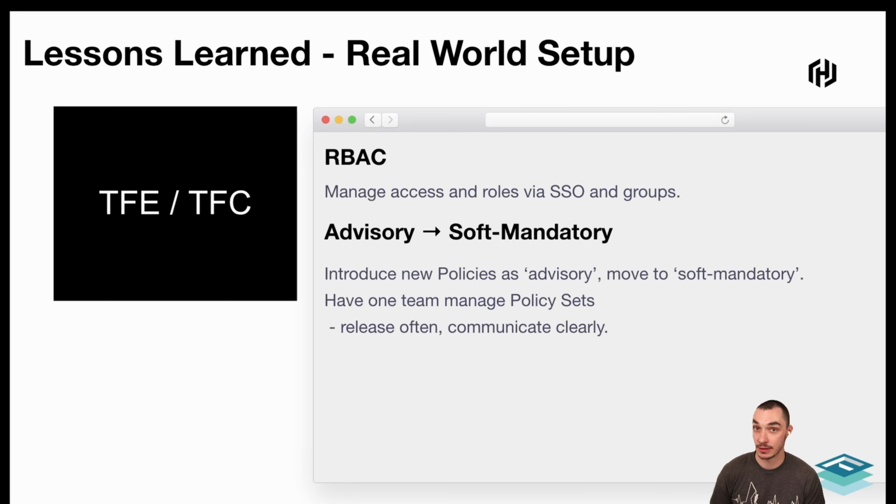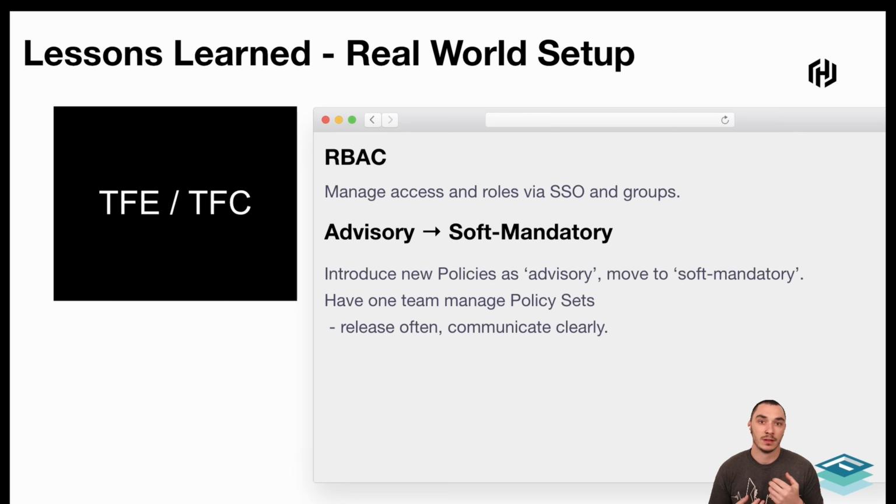Finally, we have Terraform Enterprise, Terraform Cloud. Same applies here. Know your role-based access control. Try to manage all the roles via SSO and groups. So try to outsource that to your internal identity provider system, and try to do as little as possible in Terraform itself.